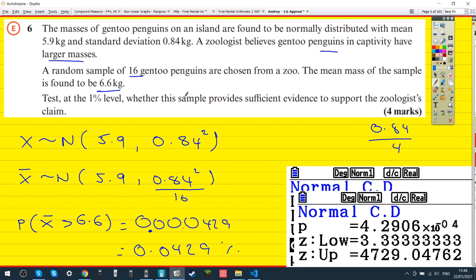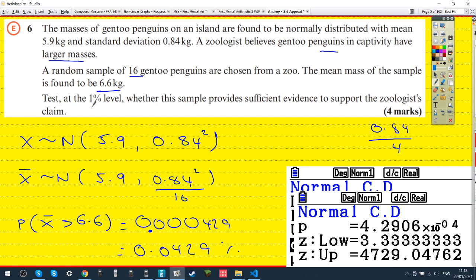So if you have an average of 5.9, standard deviation of 0.84, and you take a sample of 16, the odds of a random one being 6.6 or more happens like 0.04% of the time.